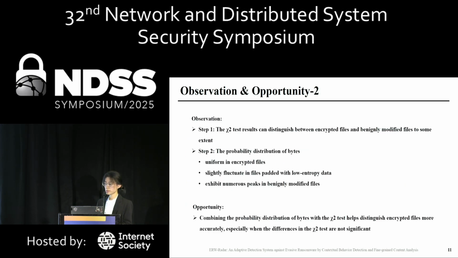By comparing the encrypted fields and the other files, we find that the chi-square test results can distinguish between them to some extent. To further classify those wrongly classified samples, we explore the probability distribution of bytes and find that it is uniform in encrypted files, it slightly fluctuates in files padded with low entropy data, but it exhibits numerous peaks in benignly modified files.